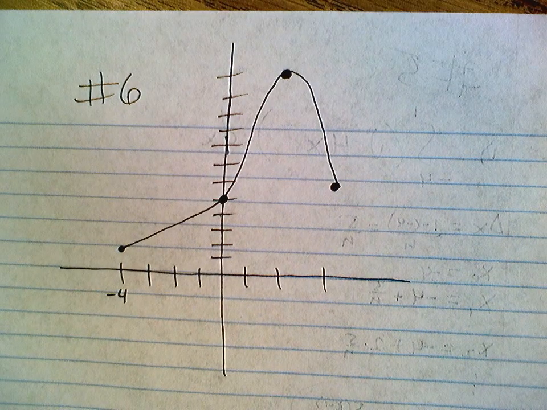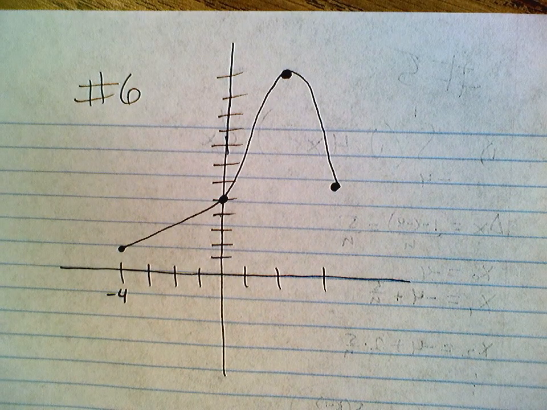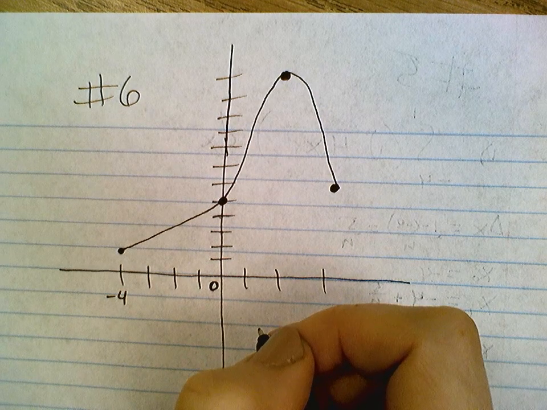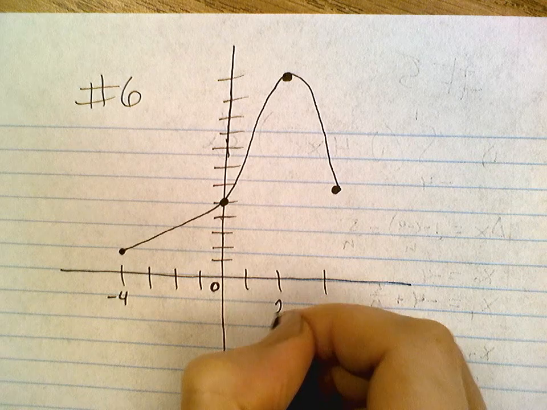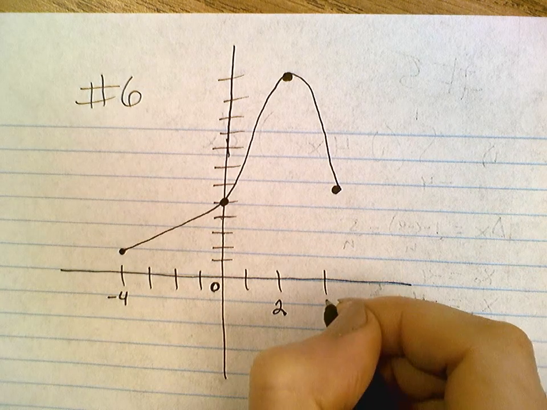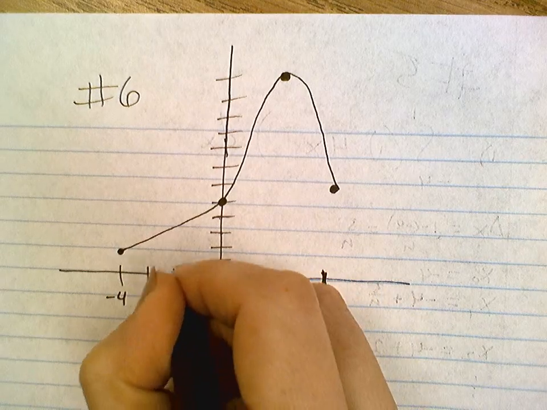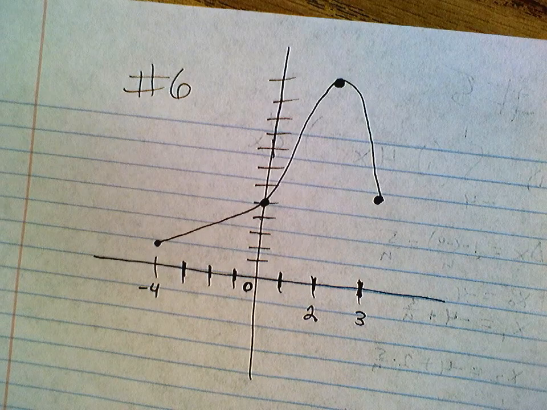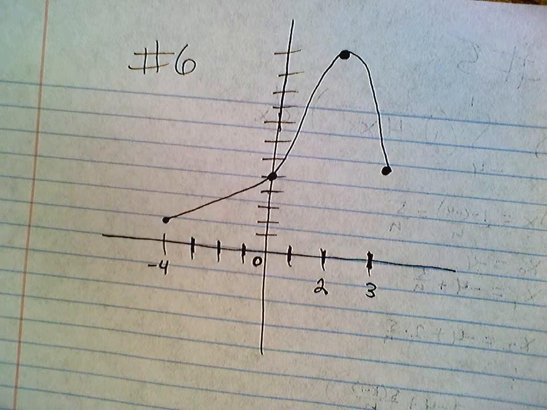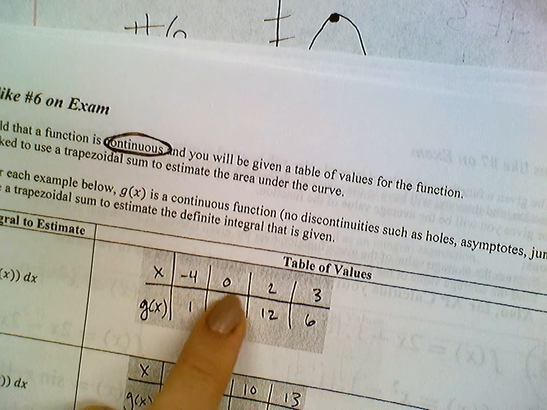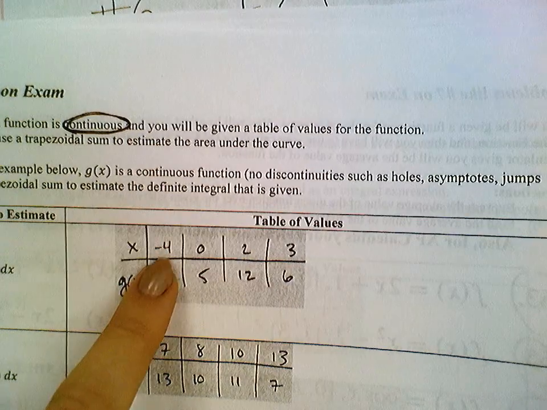Okay, something like that. Now, for a trapezoidal sum, you might ask yourself, how many subintervals? They're only going to tell you the number of subintervals if they want you to use subintervals of equal length. But they're giving you these points because these are the subintervals they want you to use: from -4 to 0, from 0 to 2, from 2 to 3.